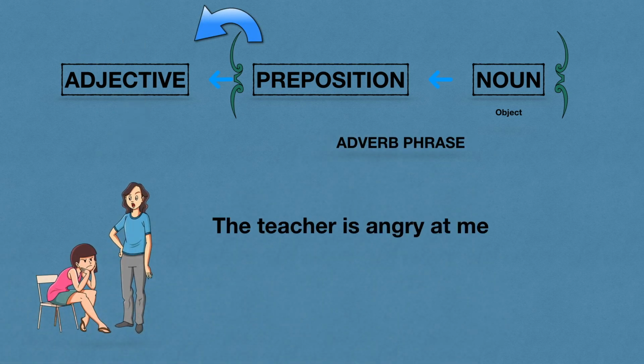For instance, in the sentence, "The teacher is angry at me," the prepositional phrase "at me" is connected to and describes the adjective angry on the left. In other words, it describes or adds to the meaning of the adjective angry. Now, can you remember which part of speech describes an adjective? That's right, an adverb. So "at me" functions as an adverbial phrase.